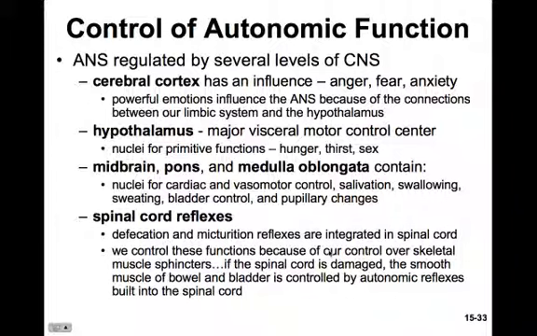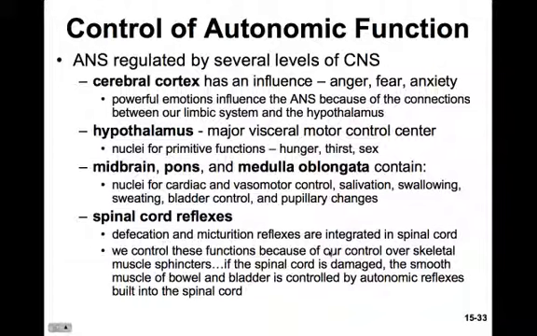All of its output originates in the central nervous system, and it receives input from the cerebral cortex, the hypothalamus, the midbrain, pons, and medulla oblongata, as well as the somatic branch of the peripheral nervous system in spinal reflexes. Even if we usually cannot consciously control the autonomic nervous system, it's clear that the mind does influence it.